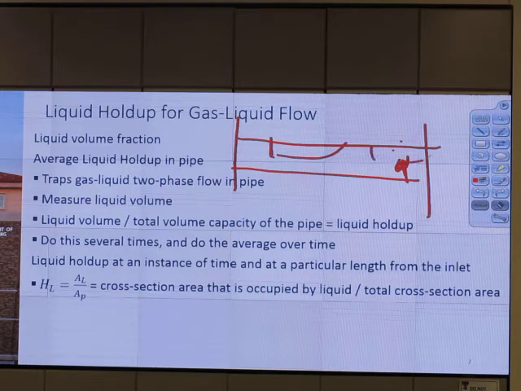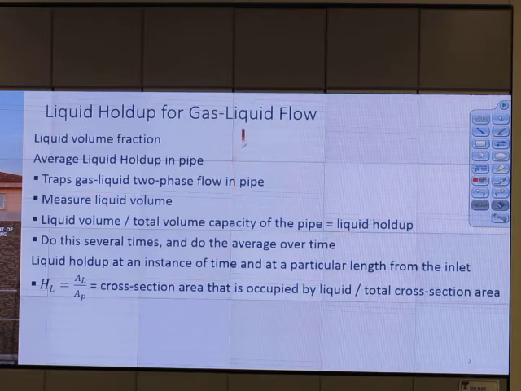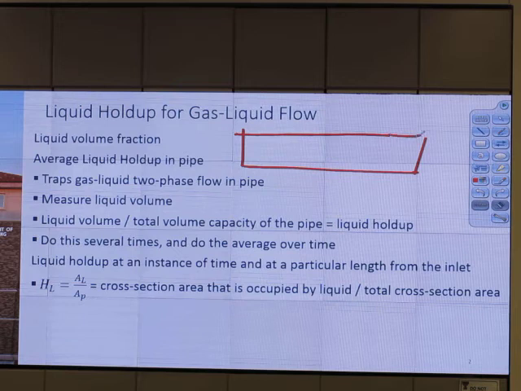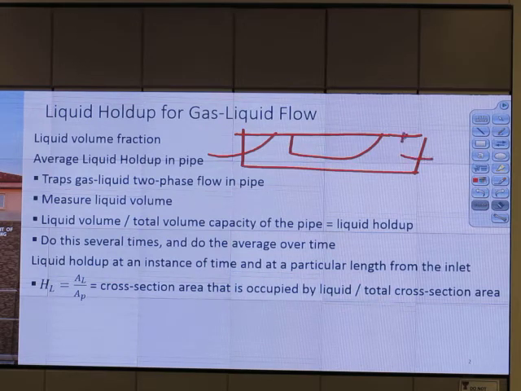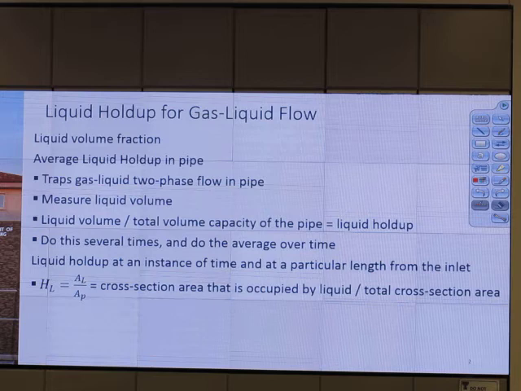Sometimes the bubble is over here and I trap part of the bubble inside, some part is not trapped. So the second liquid hold up will not be the same as the first, right? It depends on what part of the Taylor bubble I trap. Do I trap the front of the Taylor bubble, or the whole Taylor bubble, or sometimes just a little bit of Taylor bubble inside, or sometimes two Taylor bubbles inside.